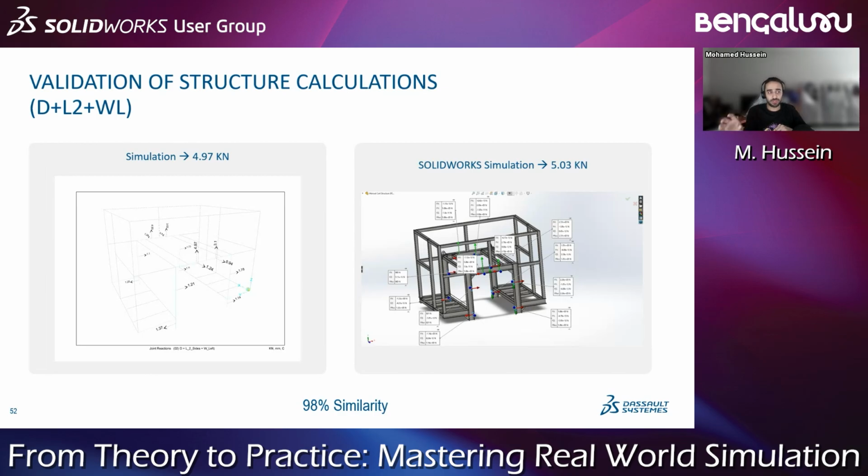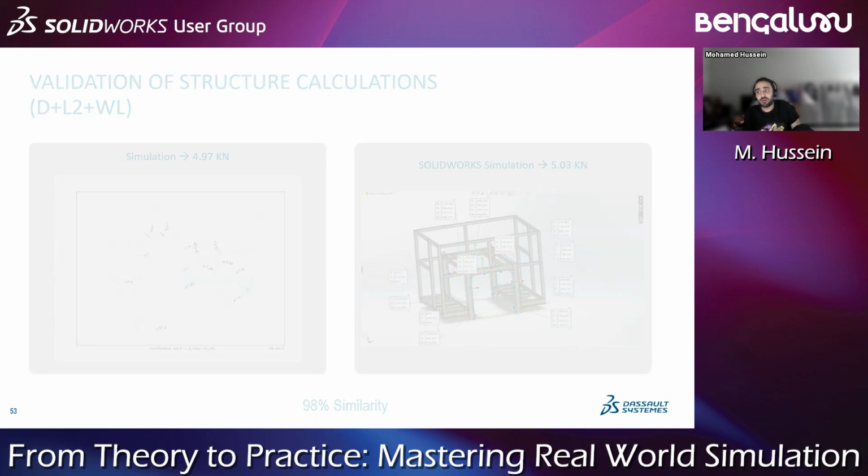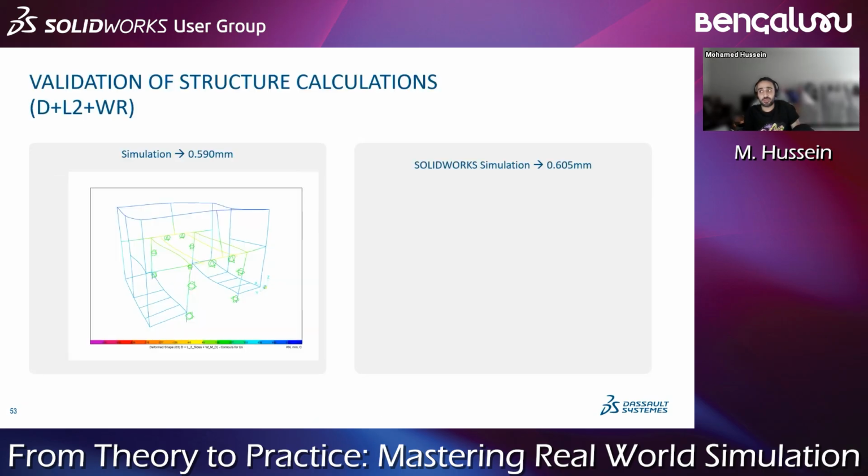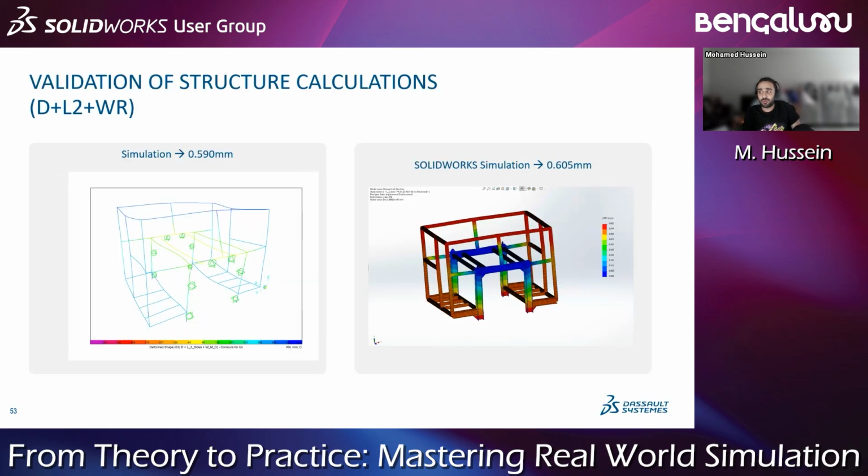Using all of this, we were able to be more confident about our results, about what we are getting from the software. We have 0.59, we have 0.6 right here, and these are very good numbers, at least for our case and for our approval.